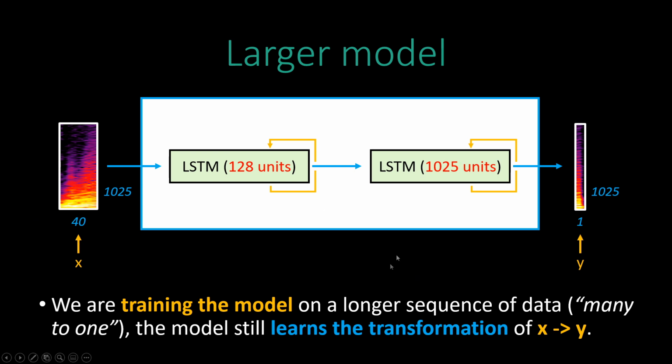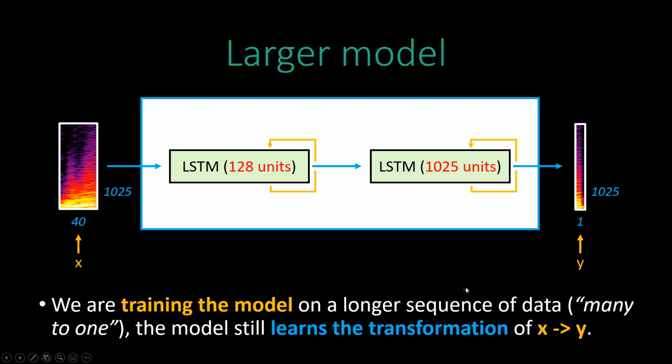This is called many-to-one, because we feed in frame by frame all of these inputs, and then ignore all the intermediate results in the process, but look at the output of the last iteration. So after feeding in everything, we look at the output of that last frame.